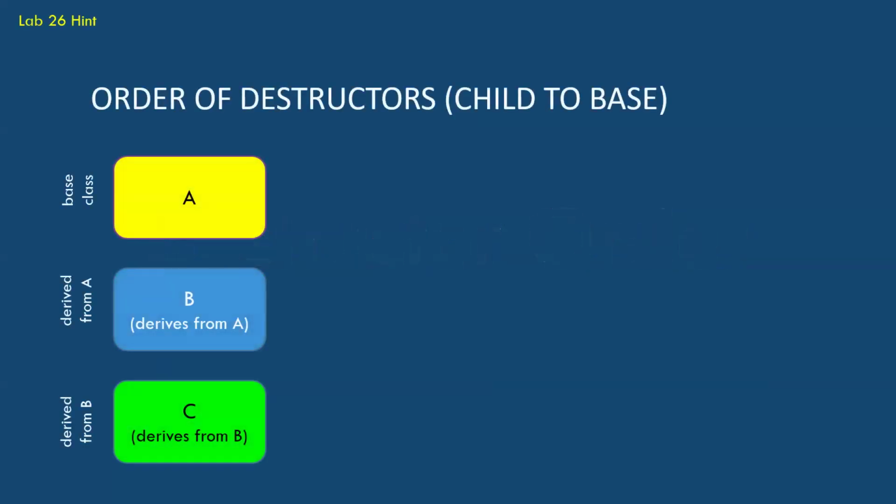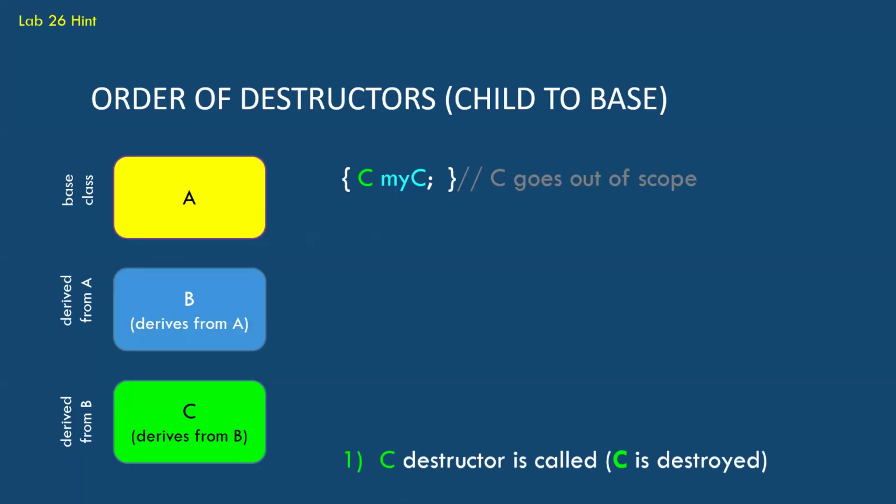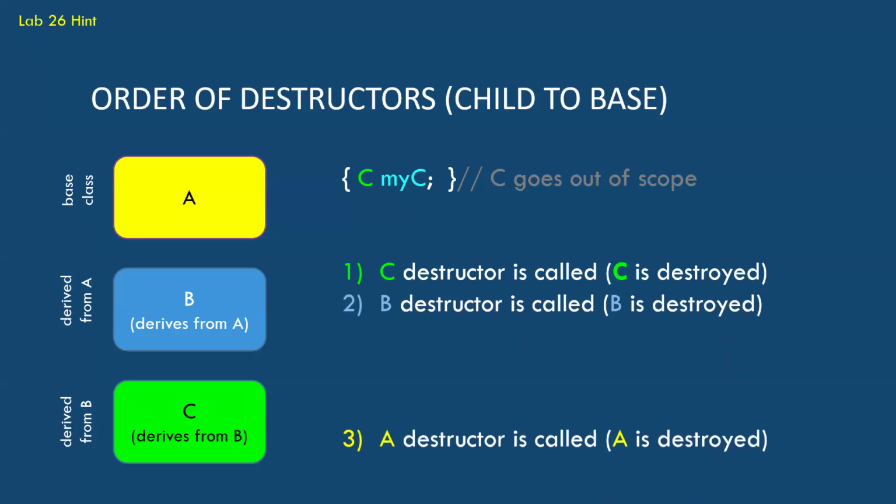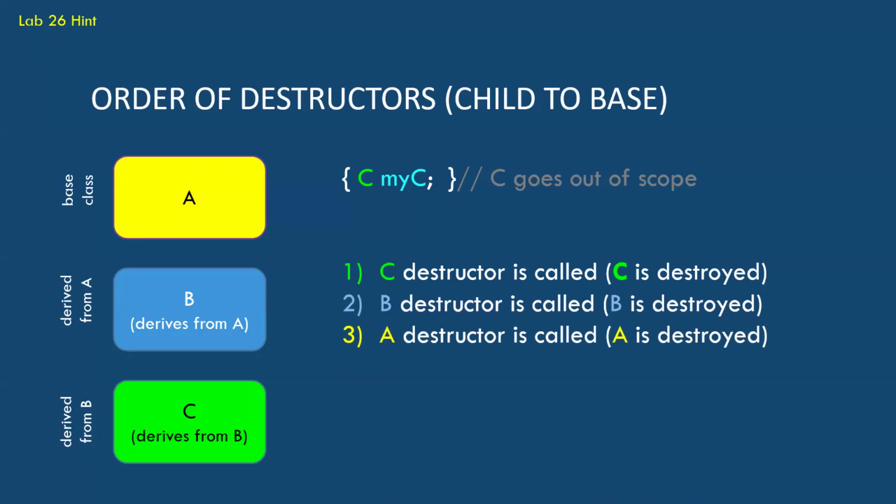Destructor order, as you might guess, is in the opposite direction. When my C goes out of scope, it has to clean itself up in the reverse order of how it was created. So C gets called first, and once C is destroyed, then B gets called, and then A gets called, which mostly makes sense.